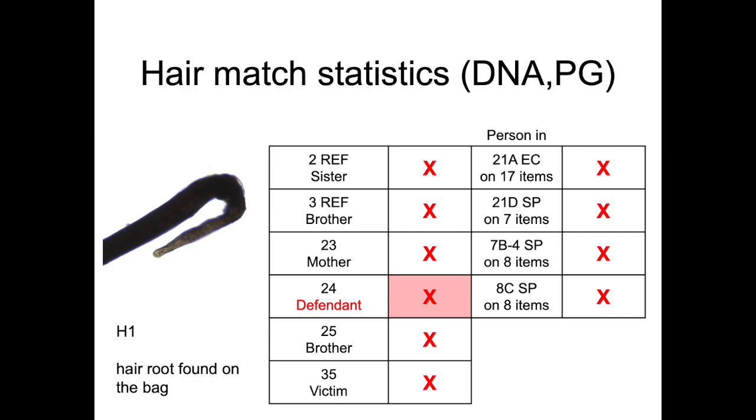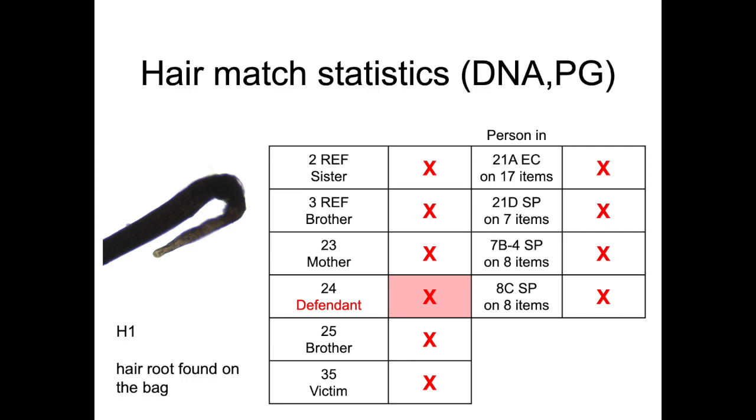Shown in order, these are the victim's sister, his brother, his mother, the defendant, his brother, and the victim himself. The 6 red X's indicate that no statistical association was found between the hair root and any of these 6 individuals.